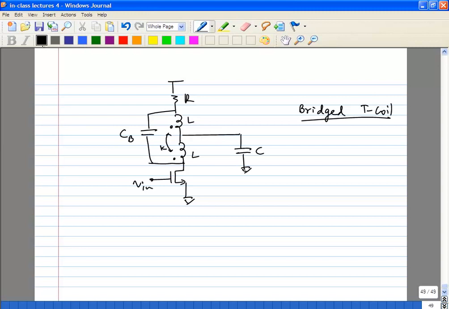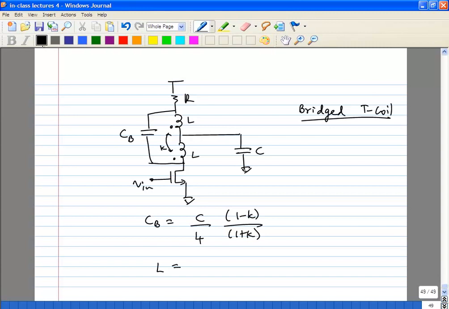You can see this one is called a T-coil and it's bridged with a capacitance CB. Now you can find a condition on K, because the coupling factor is another parameter. What you will find is you can show that CB is C by 4 times 1 minus K over 1 plus K, where K is your coupling factor.